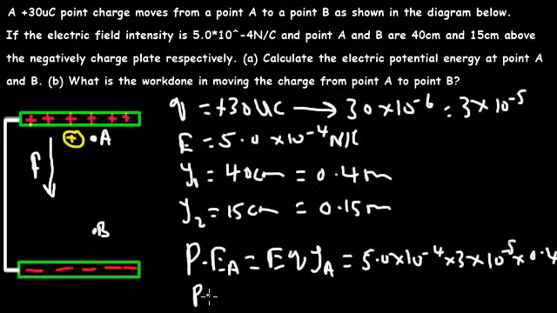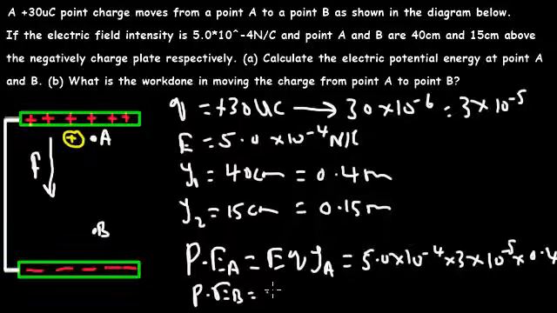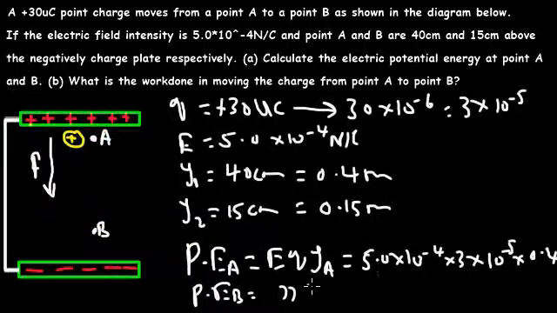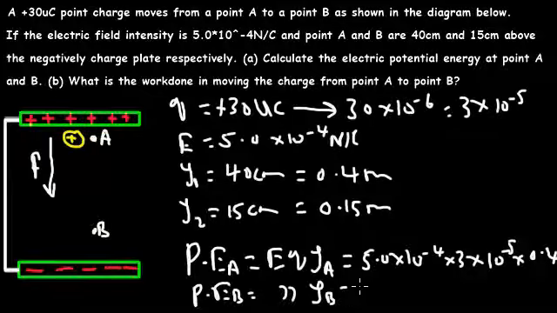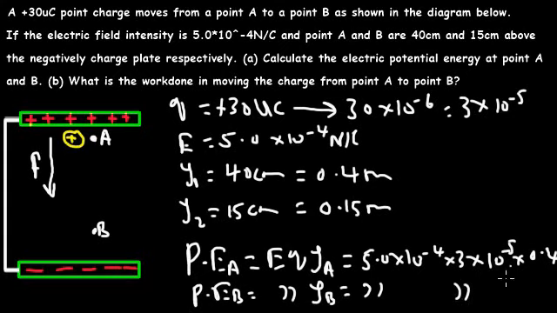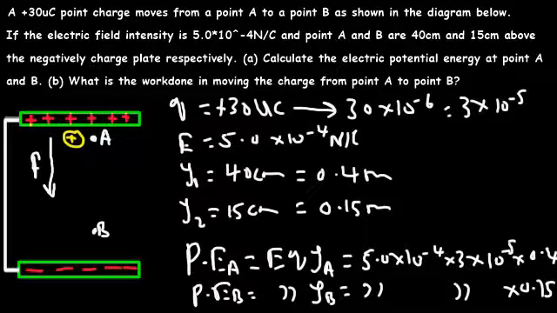Then PE_B is equal to the same thing, but times Y_B. Y_B is the same thing as Y2, and we have 5.0 times 10 to the power of negative 4 times 3 times 10 to the power of negative 5, then just times 0.15. I will grab my calculator for that before we get our final answer.